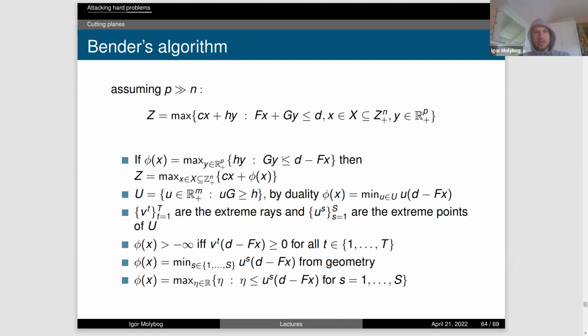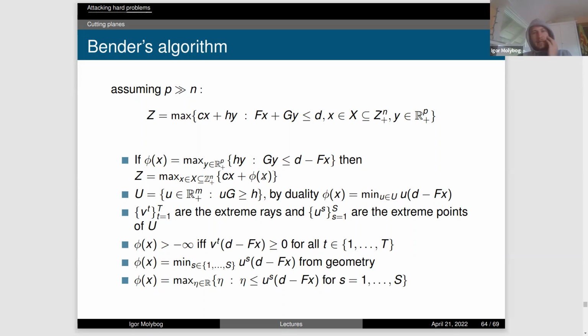Given this definition, we can conclude that the value of the optimal solution to the original problem we are interested in, z, is equal to the maximum over all x in the set capital X of the function cx plus phi of x. How to understand that this is indeed the case?